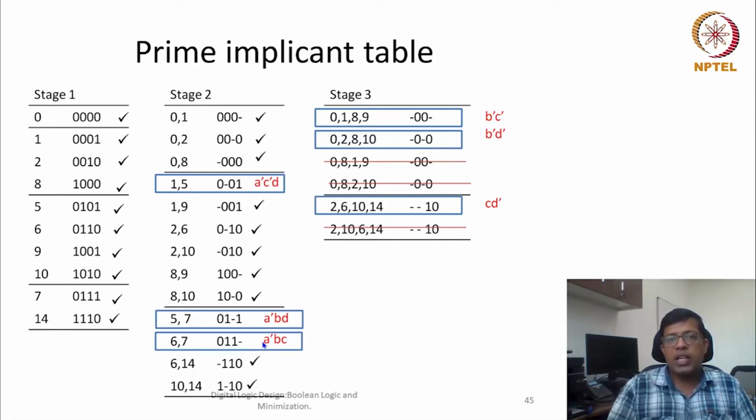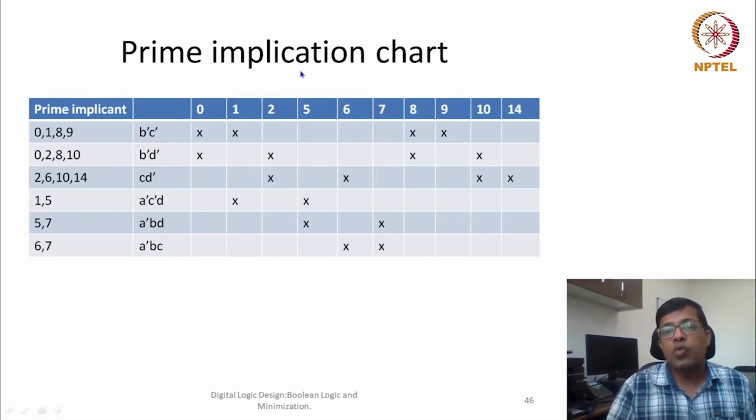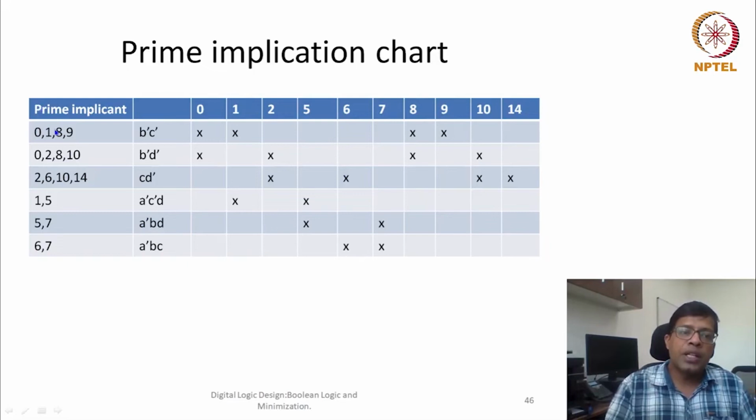To do that, we create a prime implicant chart. The prime implicant chart tells us which prime implicant should be added. In all the rows, we write all the prime implicants, along with their corresponding product terms, and for each column we write all the min terms.